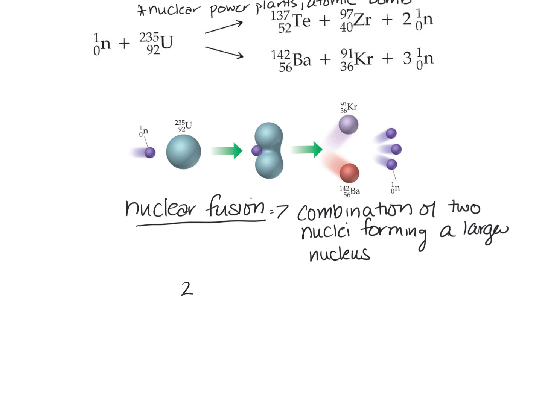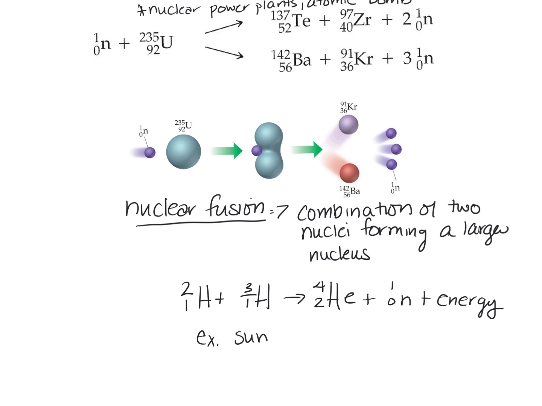So for example, if you have 2,1 hydrogen plus 3,1 hydrogen, that goes to 4,2 helium, and it forms a neutron, and it forms energy, right? And so an example of where this occurs is the sun, okay? So hydrogen nuclei are combining there.